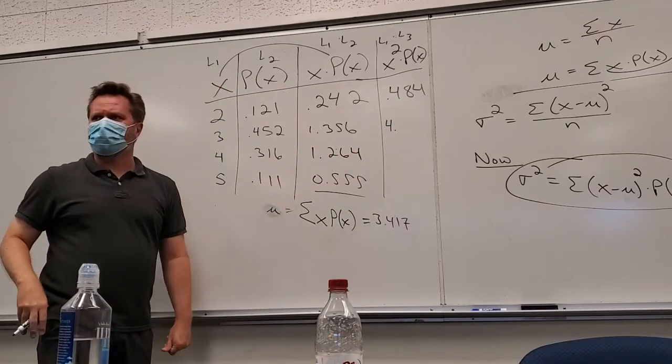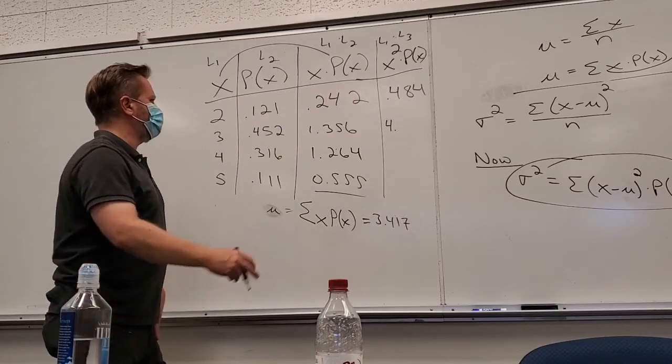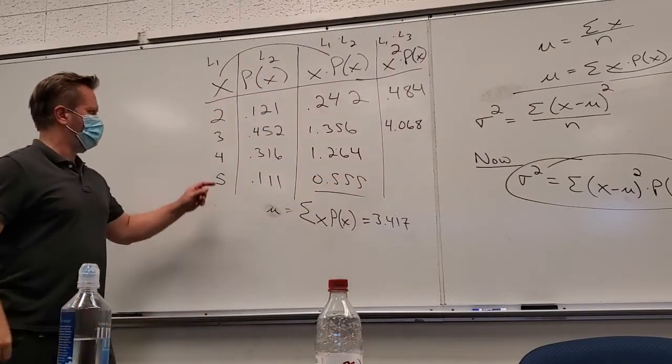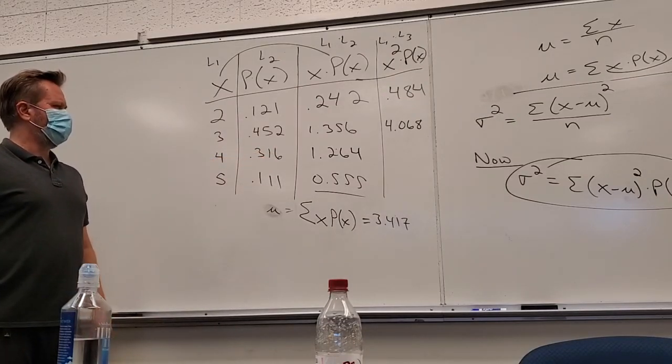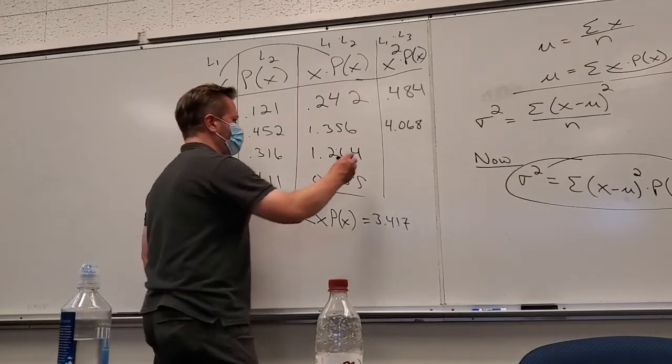Okay, if I'm totally wrong, it's fine. 4.068? Okay. Is that what you guys got? Yeah. Okay. And then 4 times 1.264, what's that going to be, Jeff? 5.056. Is that right? Look at me go!